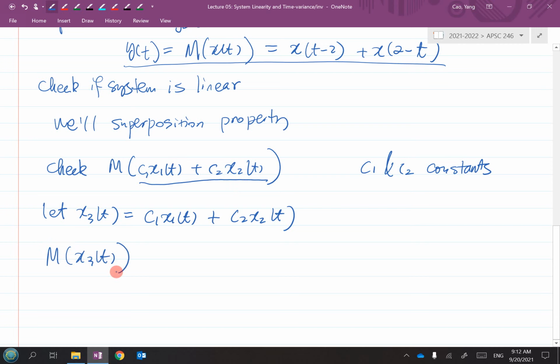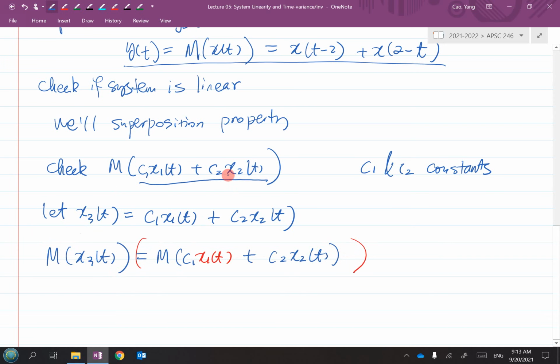Of course, x3 is already defined here, so that's exactly what we're trying to do, except I've just introduced it as an intermediate variable. I'm going to put in the bracket, just for your information, that this is equivalent to what we're trying to do. So m of x3 of t is the same as what we're trying to check.